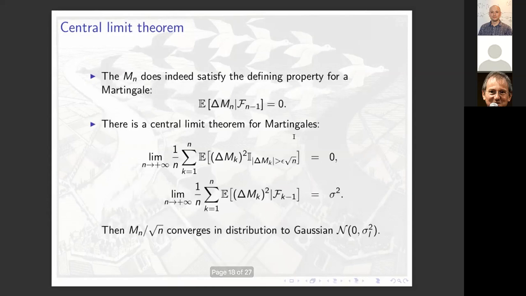If we go back to what's happening here, as we're doing the sum, for small values of n, small values of k, we can conceivably think of this condition here being satisfied, and we start having non-zero contributions to the sum. But as n gets larger and larger, as k gets larger and larger, at some point this delta mk is going to reach its maximum, and that's not going to increase anymore.